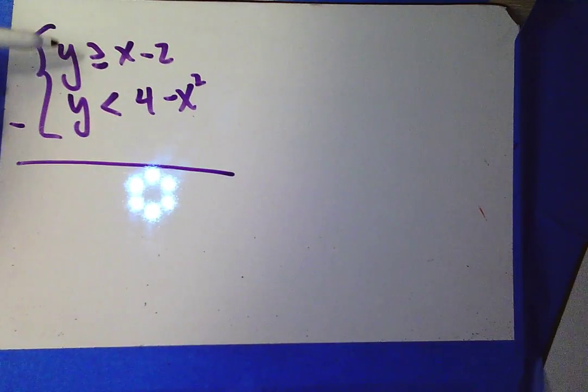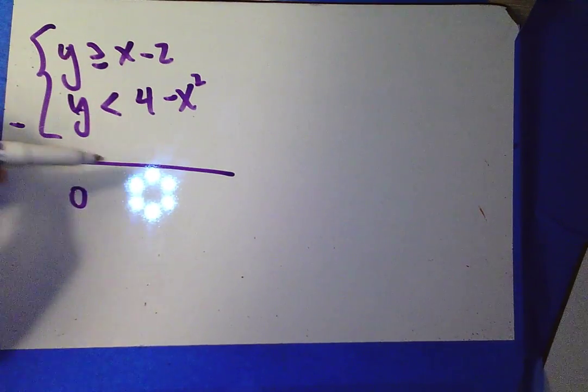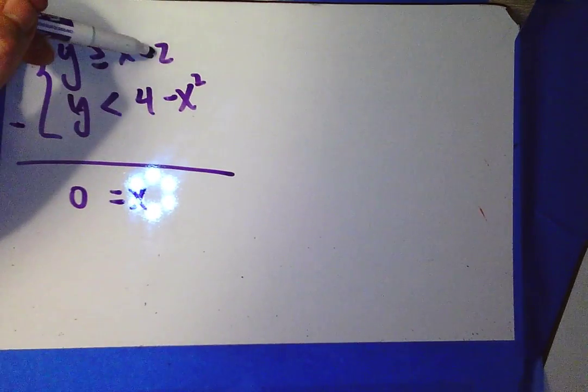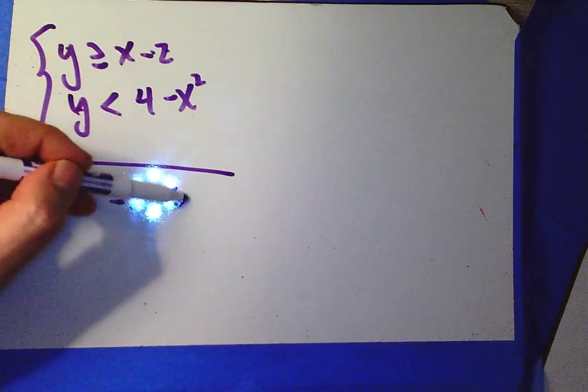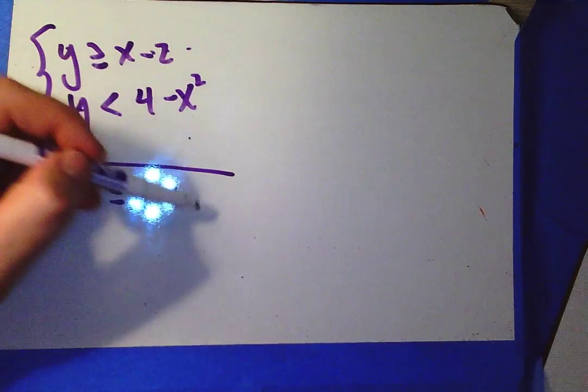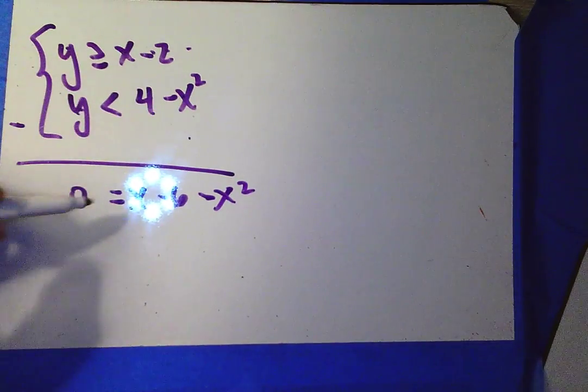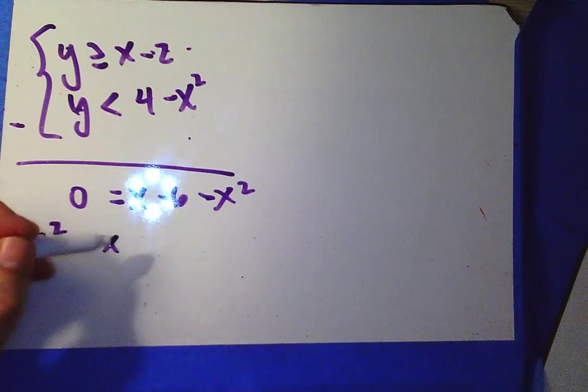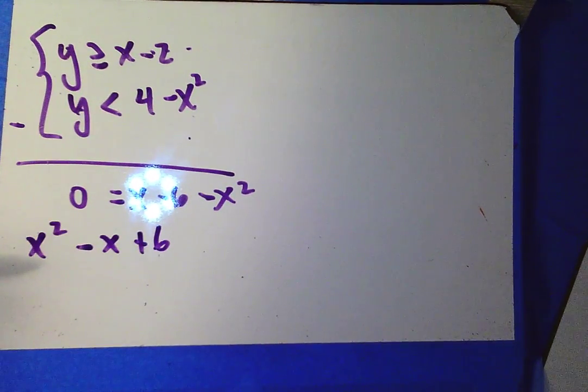I'm going to subtract the bottom equation from the top, because y minus y will be 0. And then I'll have x. Negative 2 minus 4 is negative 6. And 0 minus x squared is negative x squared. If I move everything onto the other side of the equation, I have x squared minus x plus 6.